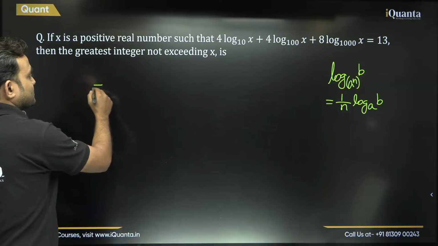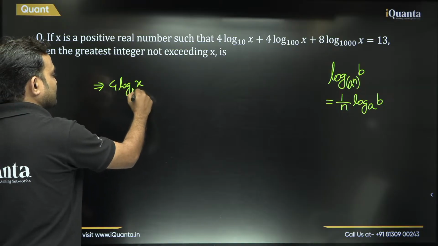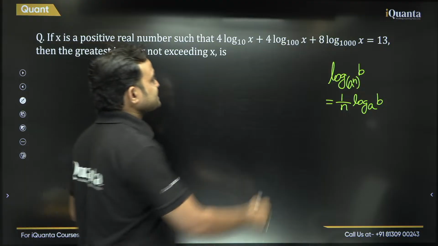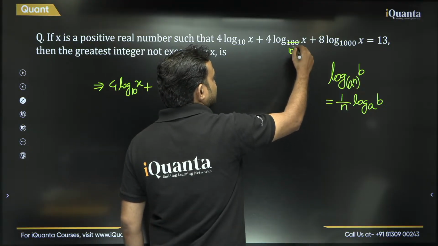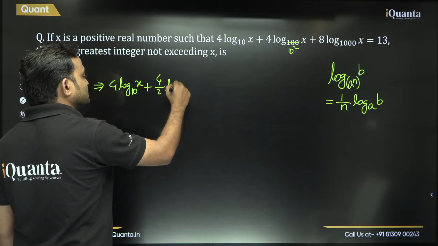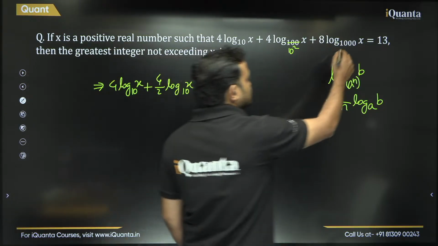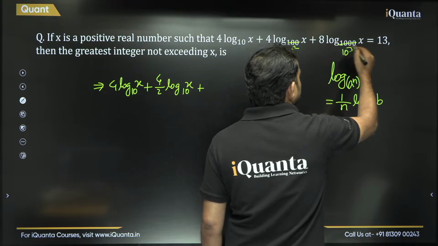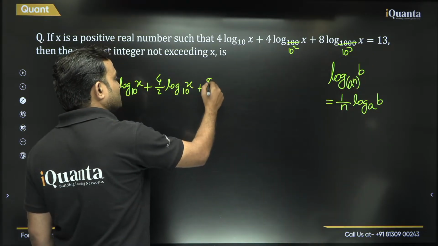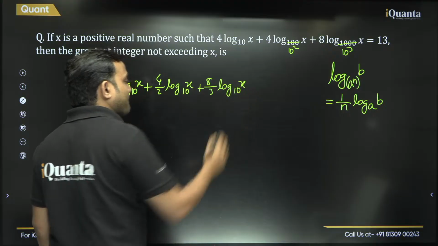Can I say this will be 4 log x base 10, but this 100 can be written as 10 square. So we can write it as 4 by 2 log x to the base 10 plus this 1000 can be written as 10 cube. So it will be 8 upon 3 log x to the base 10.